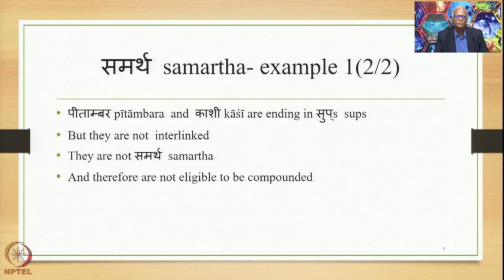The only two subantas in this sentence, Pitambaraha and Kashim, which have Pratipadikas Pitambara and Kashi, can be said to be ending in sups, but they are not interlinked. They are not Samartha, and therefore they are not eligible to be compounded.